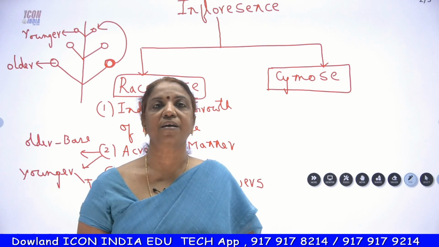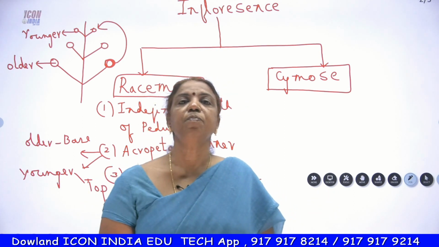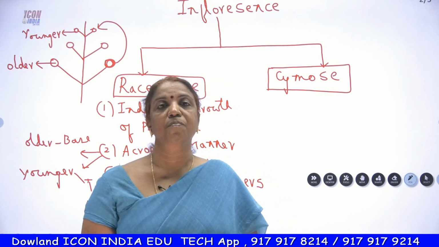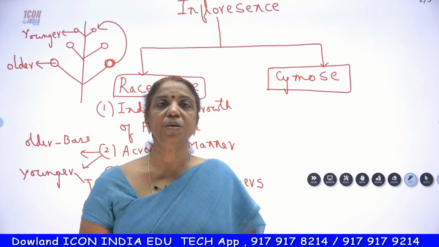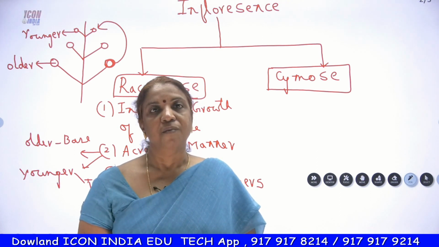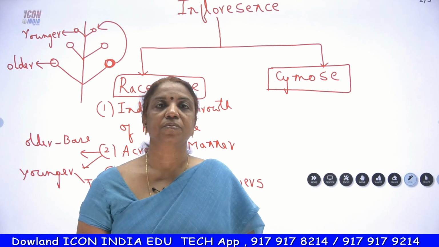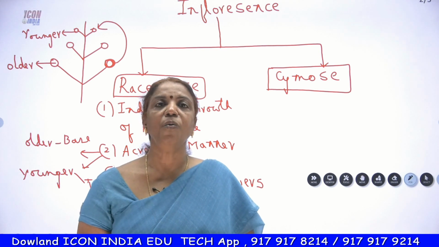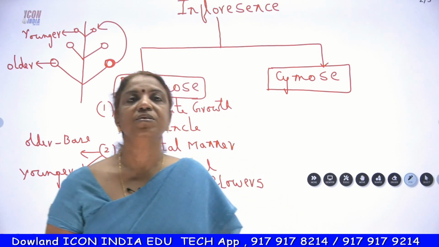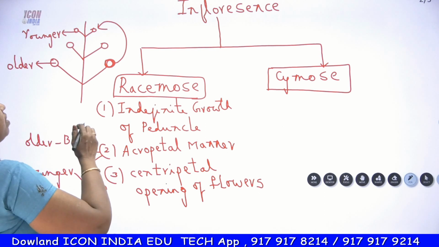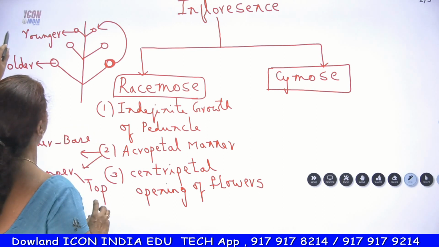The arrangement of flowers is basipetal. What is basipetal? Here the younger flowers are present at the base, whereas older flowers are present at the top. The next one is that the opening of flowers is centrifugal, the reverse, from younger to older.